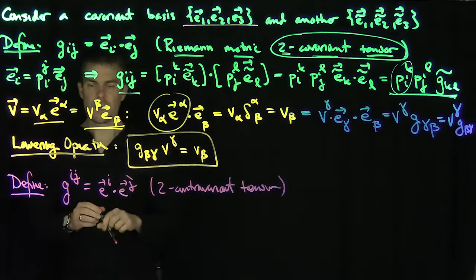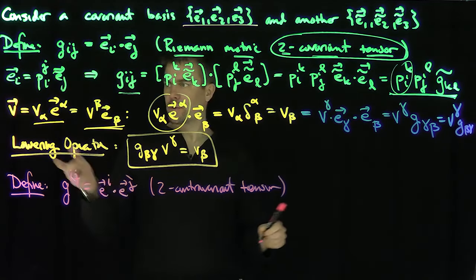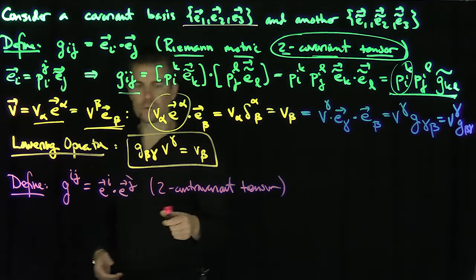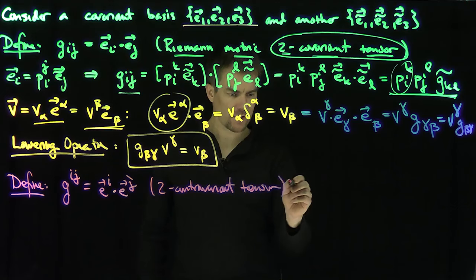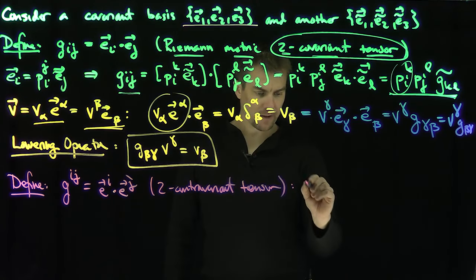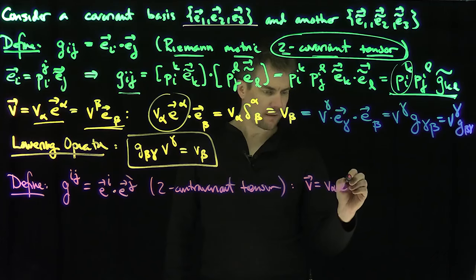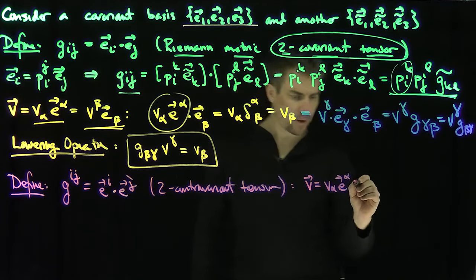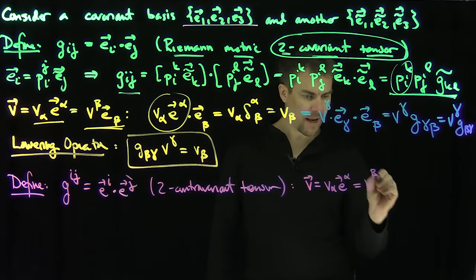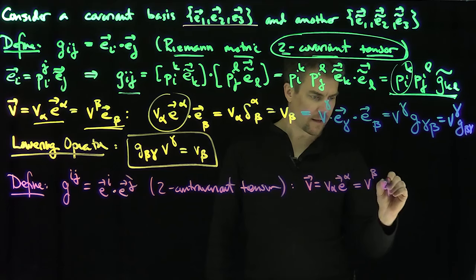Okay. And now what I'm going to do is the following. I'm going to do the same sort of trick over here. This allows me to write a vector V as V alpha E alpha upper, or as V beta E beta lower, like that, okay?